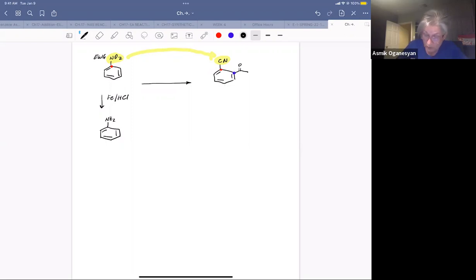Now we went from electron withdrawing group to electron donating group. While electron withdrawing group was a meta director, now your electron donating group is an ortho, para director. So our substituent would prefer to go on para position because of the steric hindrance.